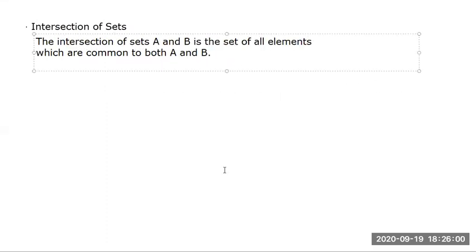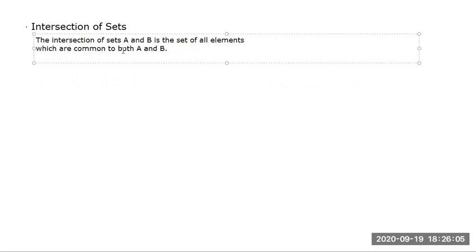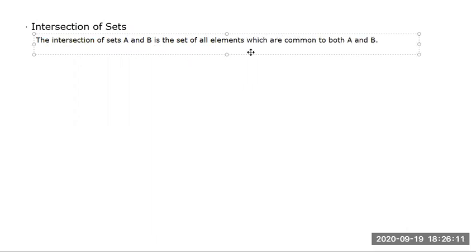So guys, the intersection of sets A and B is the set of all elements which are common to both A and B.